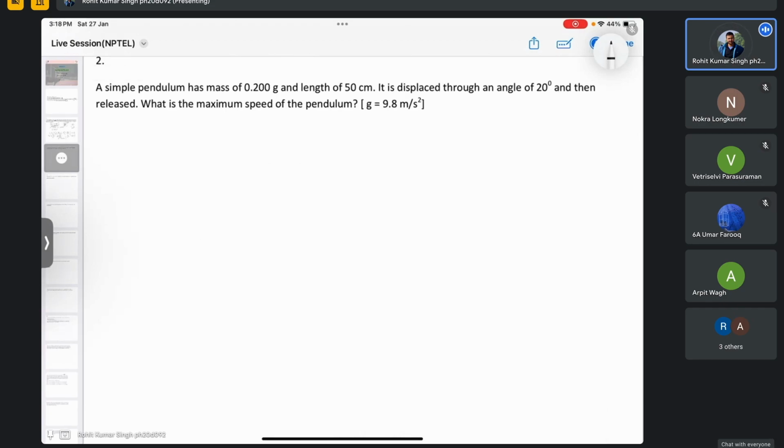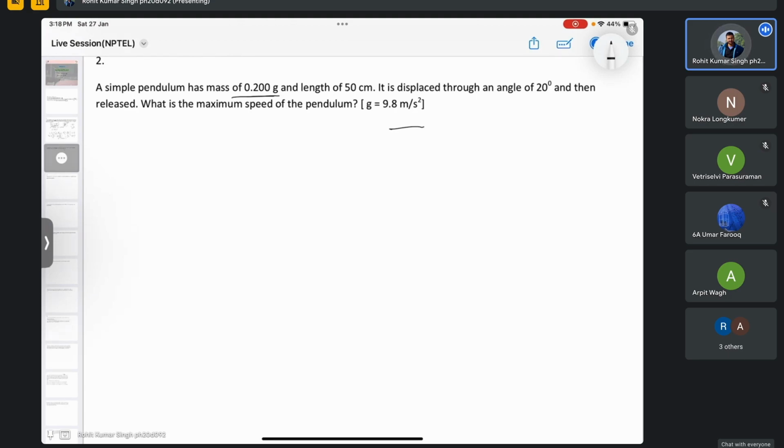So here again we have a simple pendulum, but this time what we have here is a simple pendulum of mass 0.2 gram. So this is, as you can see, a very light pendulum.